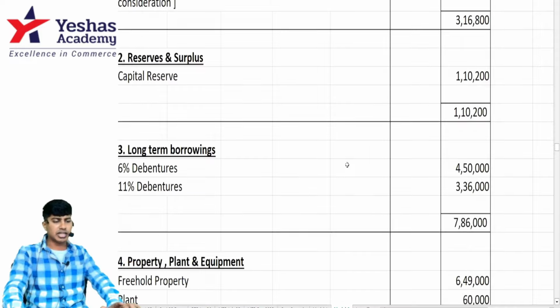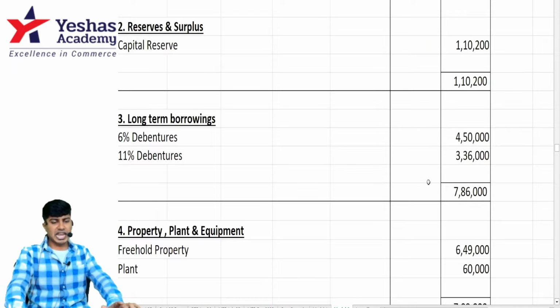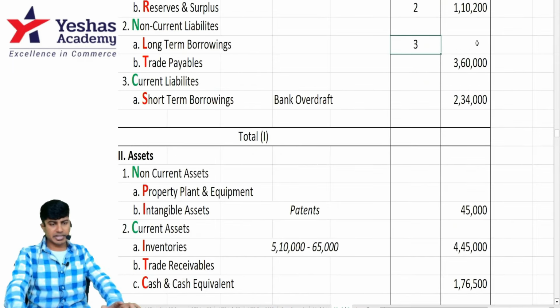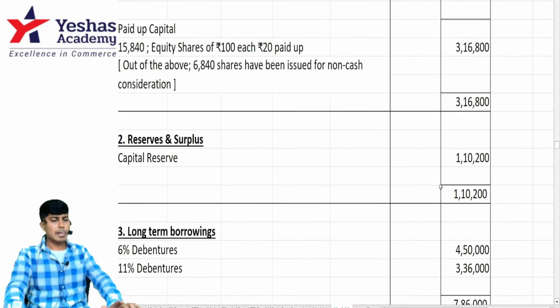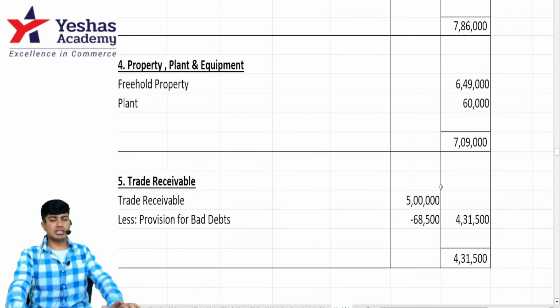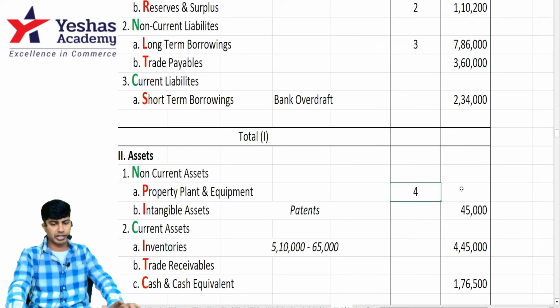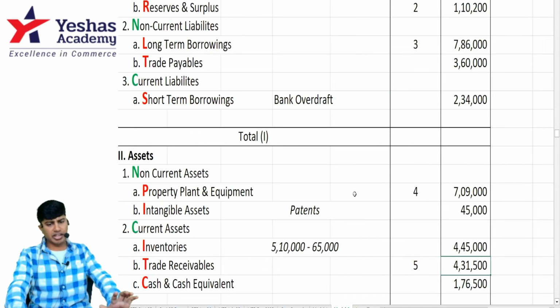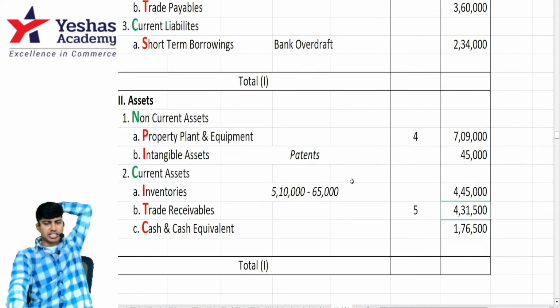Long term borrowings, there are two sets of debentures 7,86,000. Let me write 7,86,000. We need to write PPE, note number 4. PPE 7 lakh 9. Trade receivables note number 5, 4,31,500. Everything's posted.